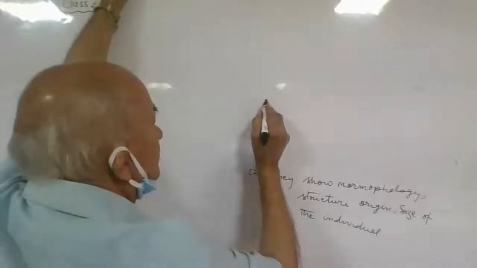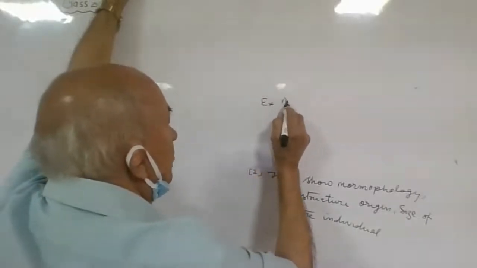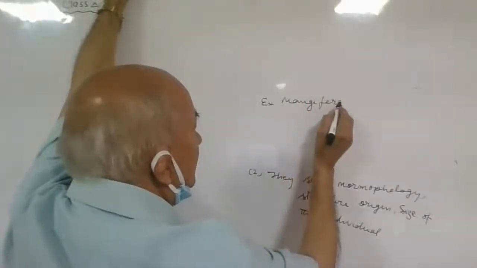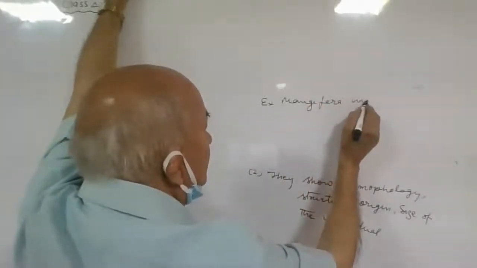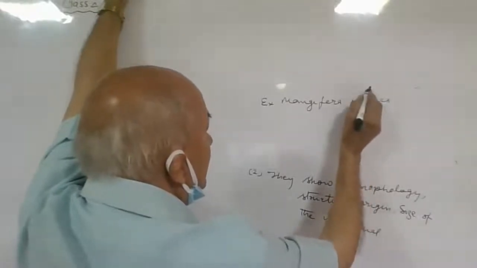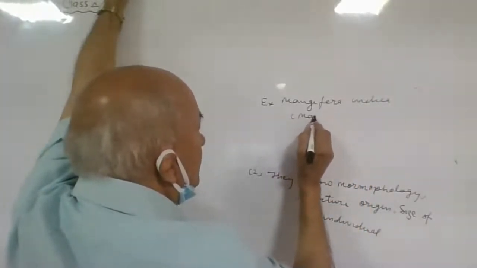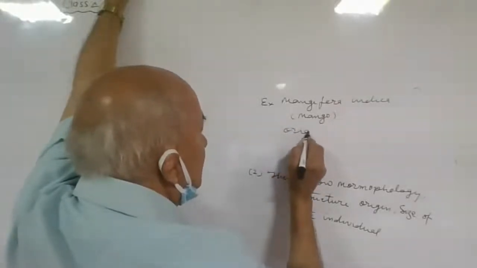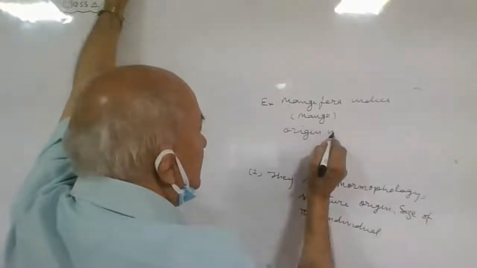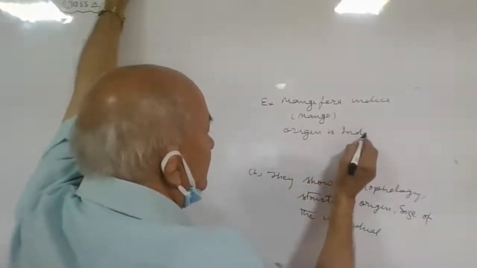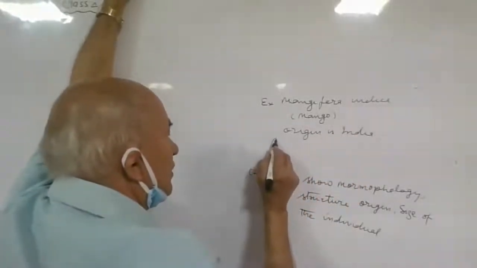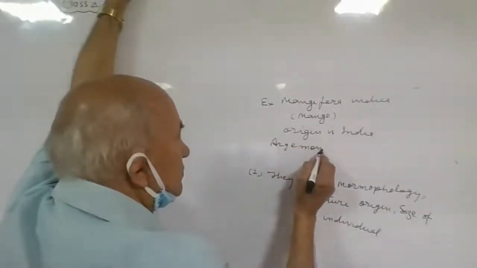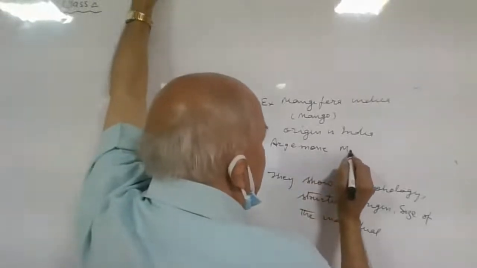For example, Mangifera indica, mango. Origin is India. Argemone mexicana.